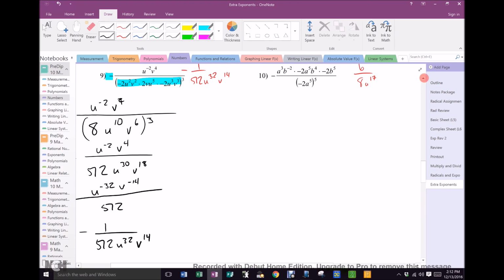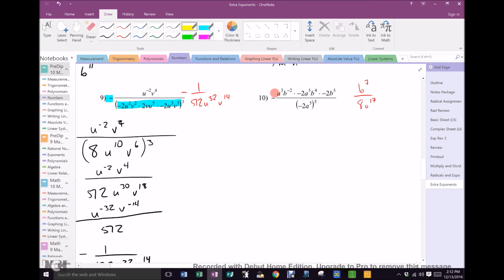And lastly, this one. You've got to tidy up the top first. And you've got to notice that negative. So the negative stays at the beginning, and then we check it out. 1 times negative 2 times negative 2 gets me positive 4, right?